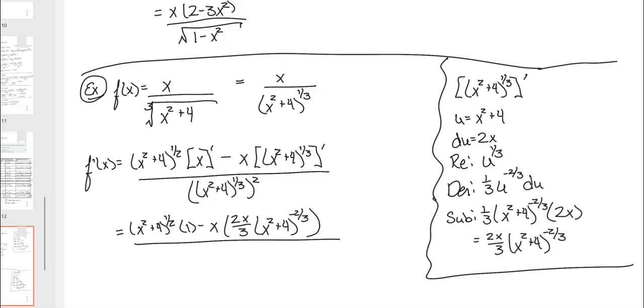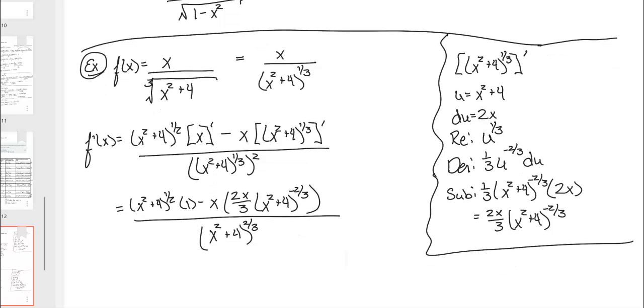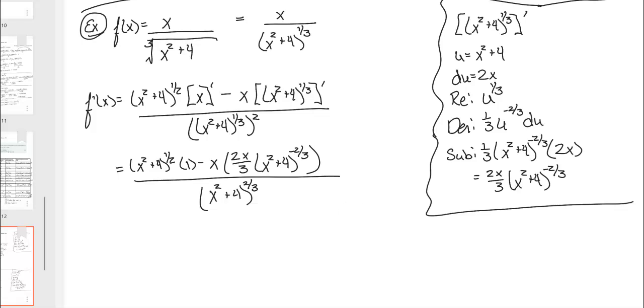When we have a power to a power, we multiply the powers together. 1/3 times 2 is 2/3. So I'm going to do a cleanup step before I do a factoring step.